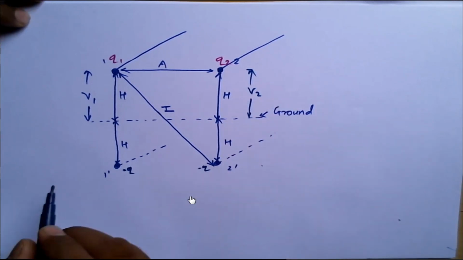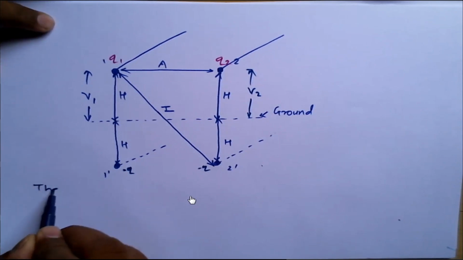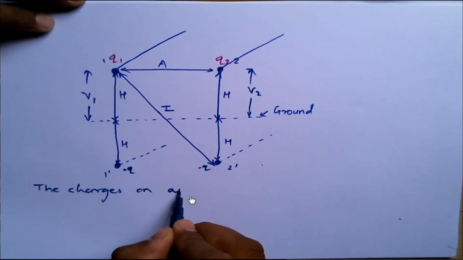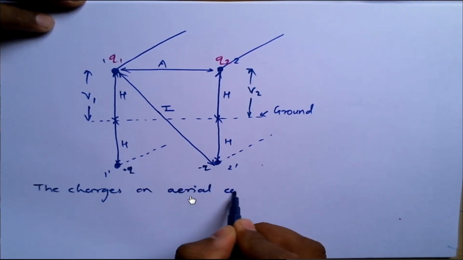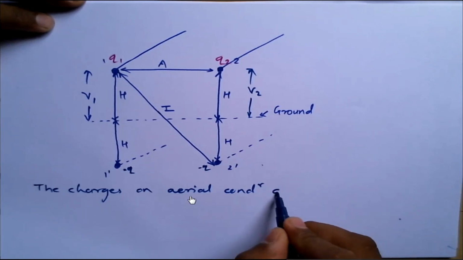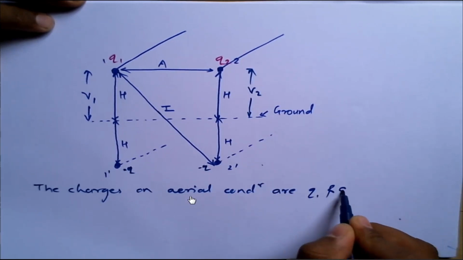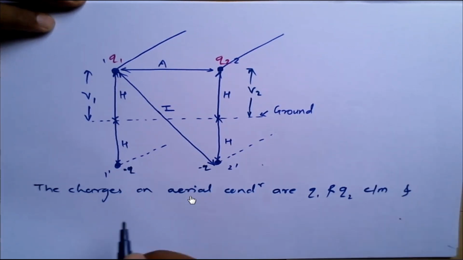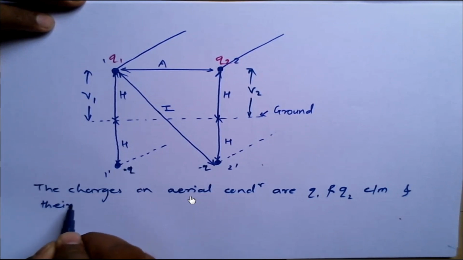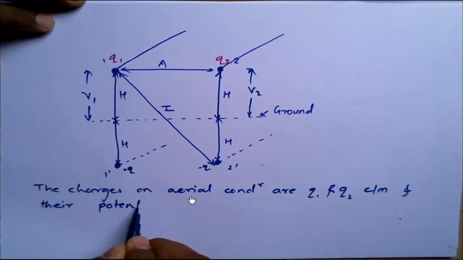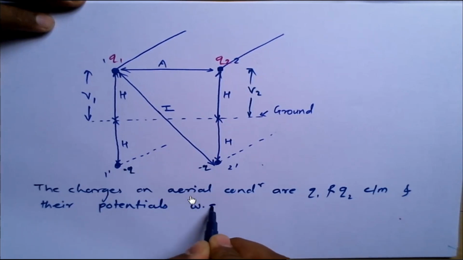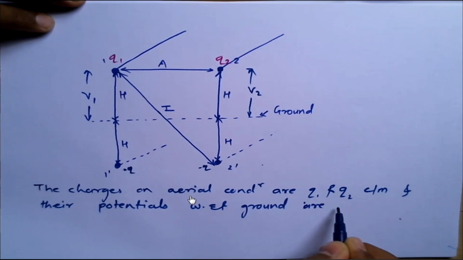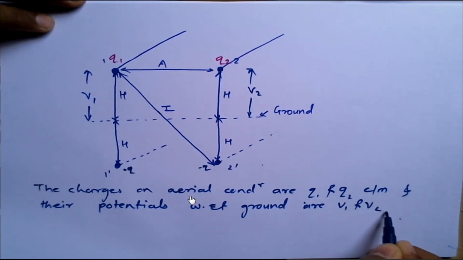So let us say the charges on the aerial conductors are Q1 and Q2, in coulombs per meter, and their potentials with respect to ground are V1 and V2 as shown in the figure.